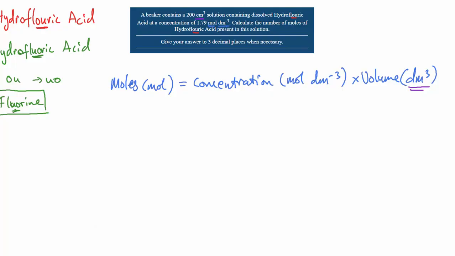We know that the difference between cm³ and dm³ is a factor of 1,000, and we know the value is going to decrease, so we need to divide by 1,000. So our value in cm³ divided by 1,000 is going to be equal to our value in dm³.